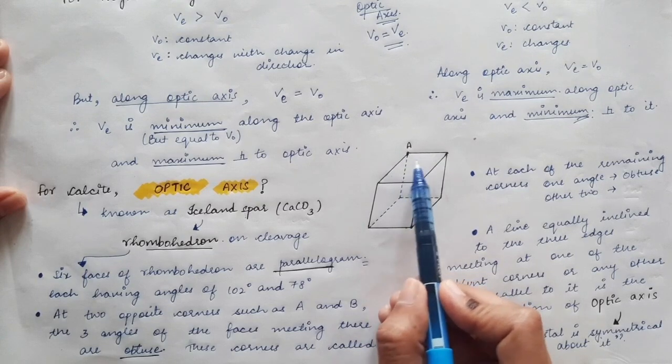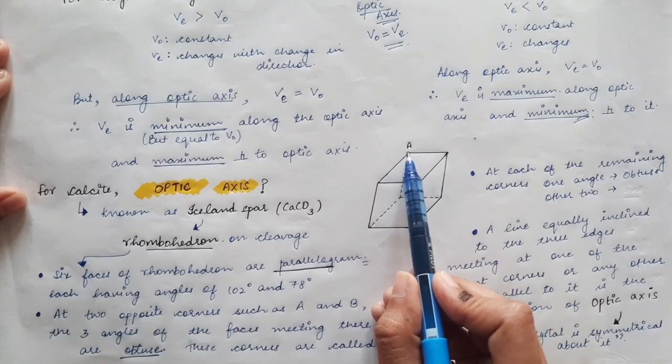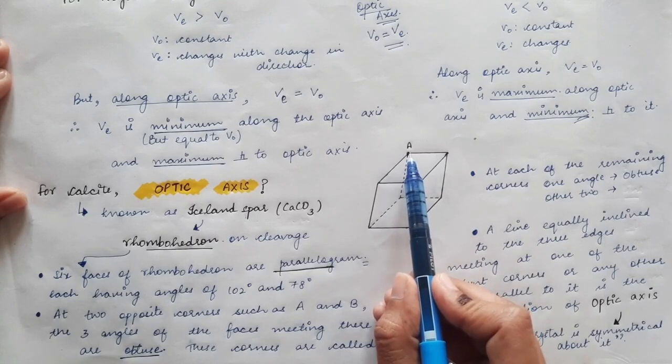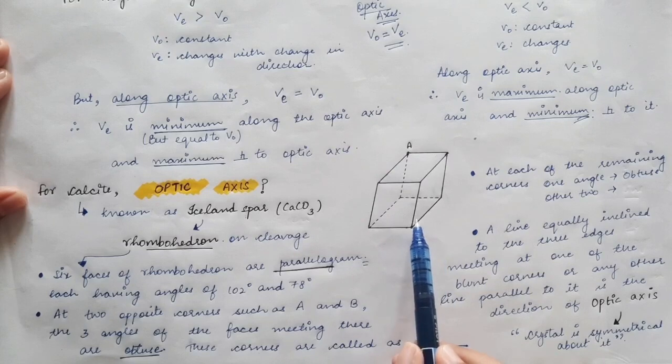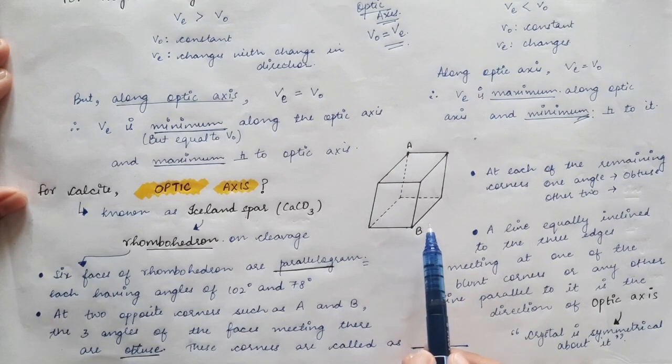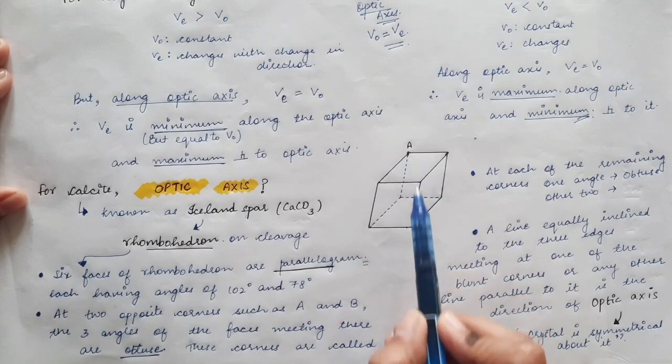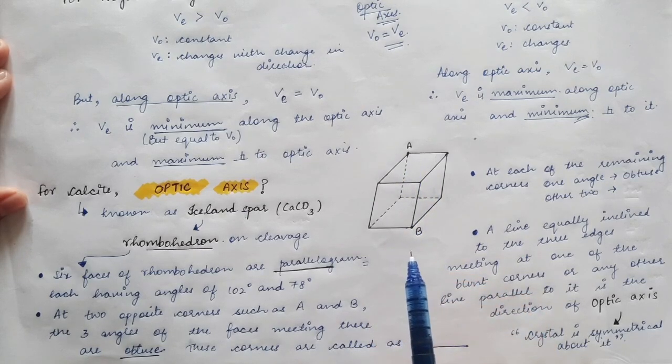So 3 angles are formed at this corner, and all 3 angles are obtuse. Similarly, at the opposite corner, all the angles made are obtuse. So these two corners are called the blunt corners of the crystal.